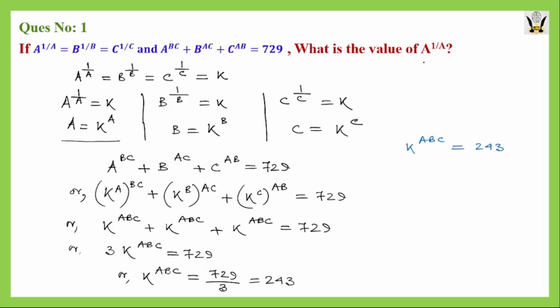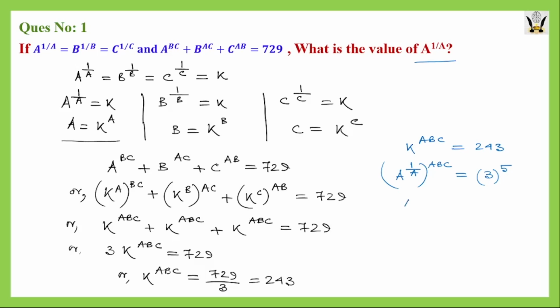And what we need to find is a to the power 1 by a, and a to the power 1 by a we assumed as k. So in place of k we can write a to the power 1 by a and then whole to the power abc, and 243 is actually 3 to the power 5, or we can say 243 will be a multiplication of five 3s.